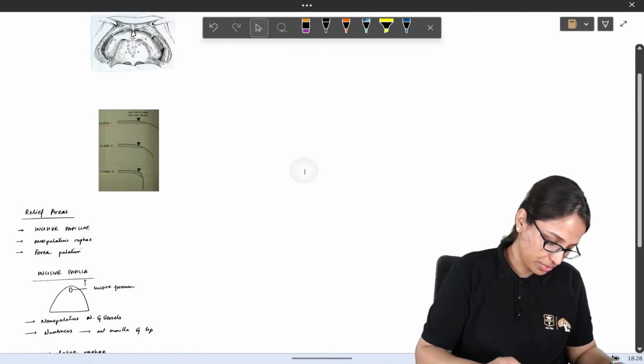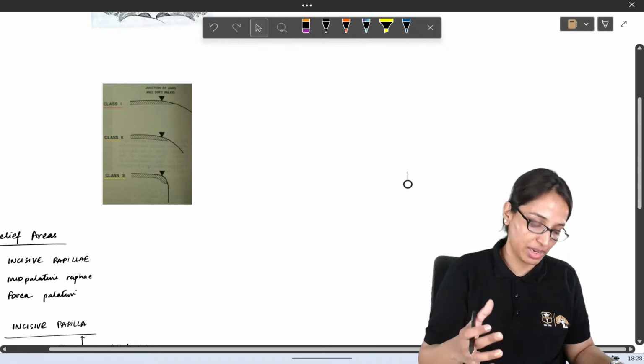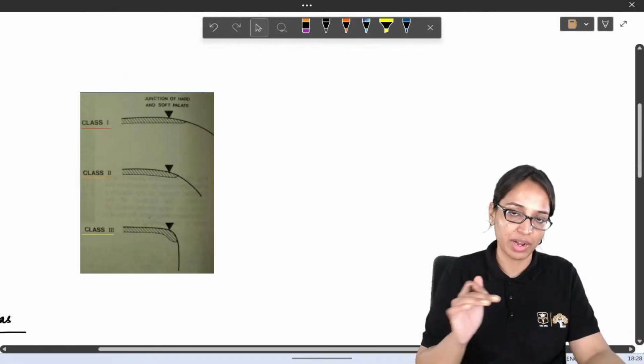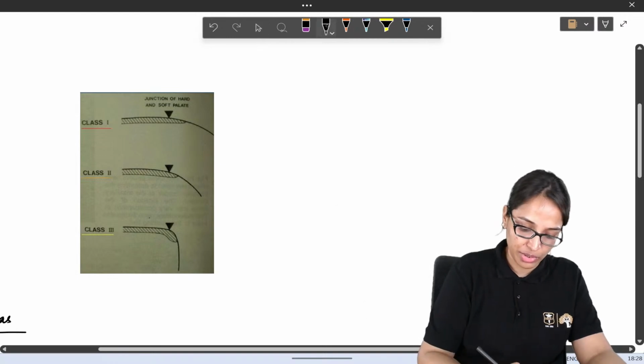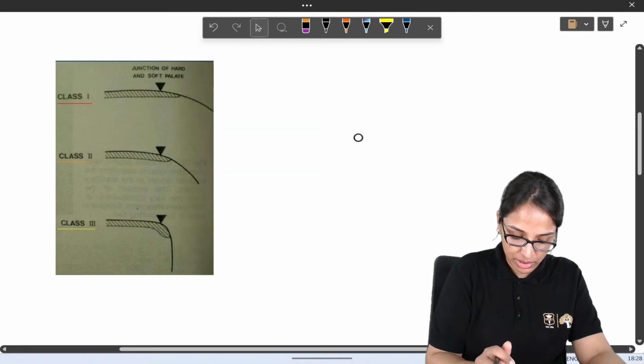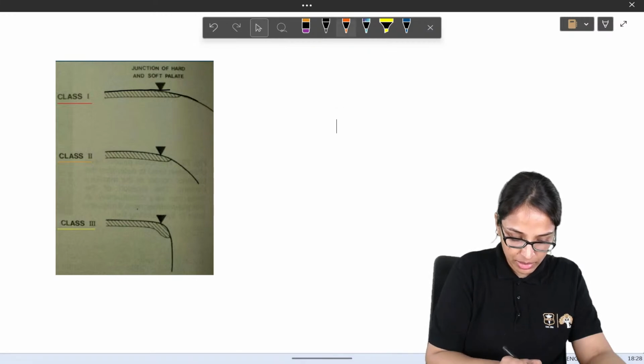Now there is one more thing about your soft palate, or rather the posterior palatal seal area, that we need to understand: the junction of hard and soft palate. So you are seeing a cross section here. This portion in the cross section is your hard palate, and this is where the soft palate is starting.